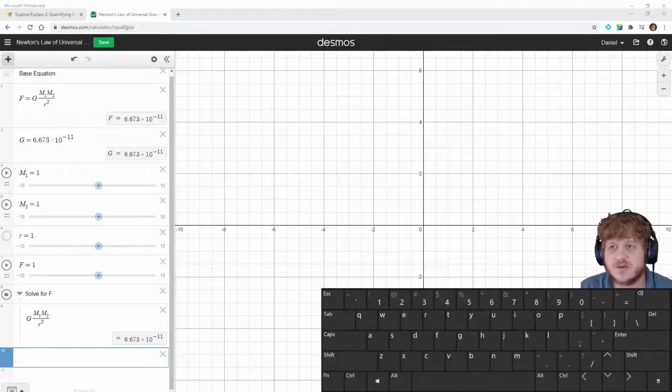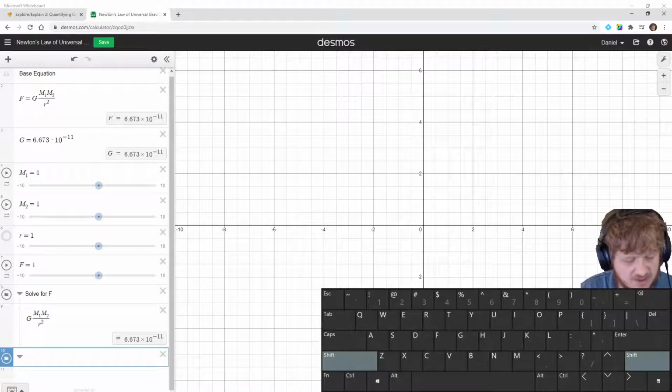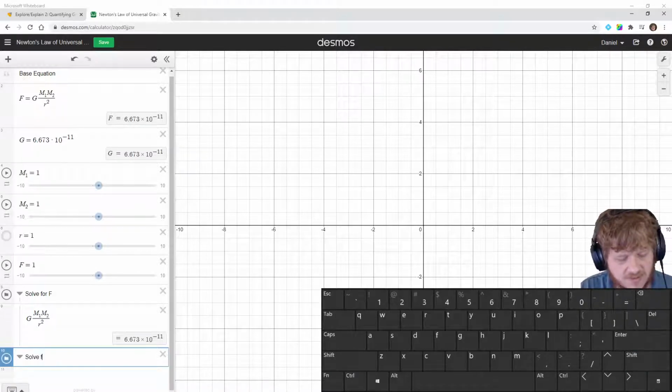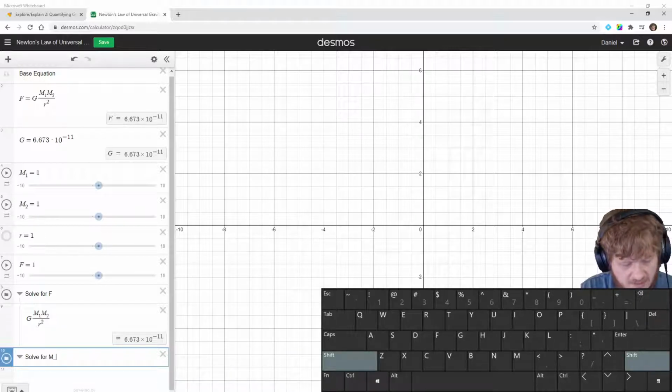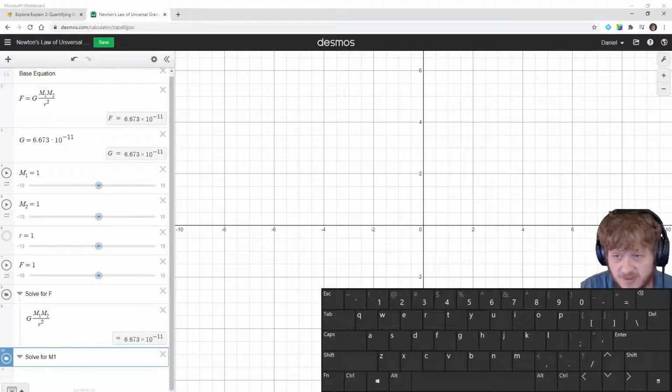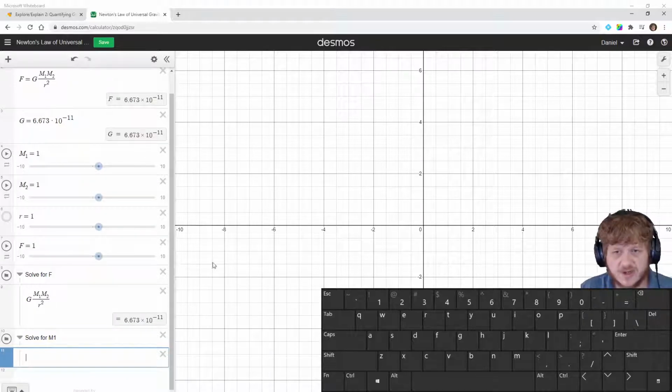So now let's say we want to solve for another thing. So what we'll do is we'll make a folder, and we'll say solve for M1, which actually maybe, nope, I cannot quite do that there. So we'll solve for M1.